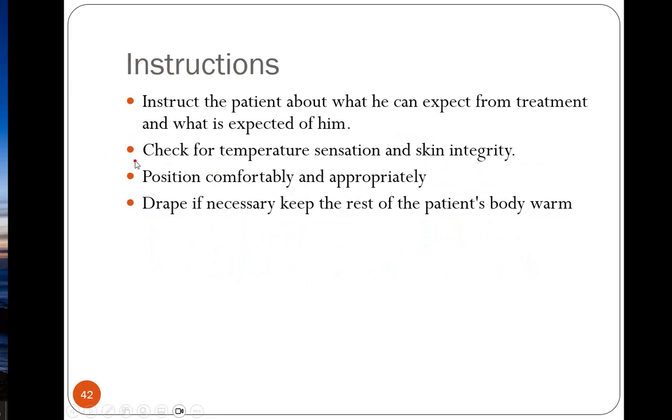Instructions: what we do normally is instruct the patient and tell them what to expect, check the temperature of both vials of water, and like we said, 110 and 65. Position the client comfortably, and drape as necessary to keep the rest of the patient warm and dry.